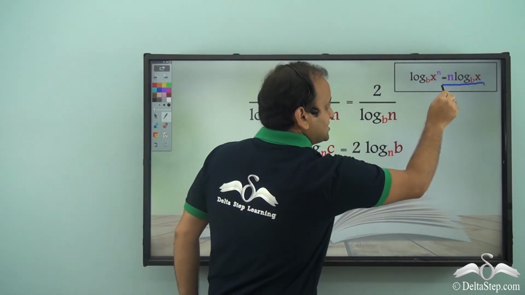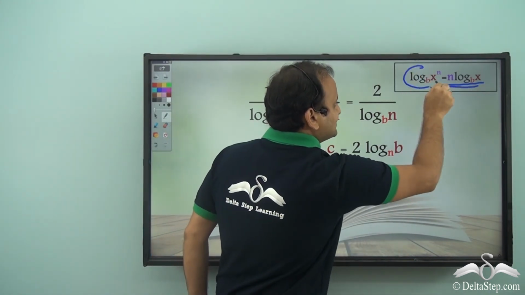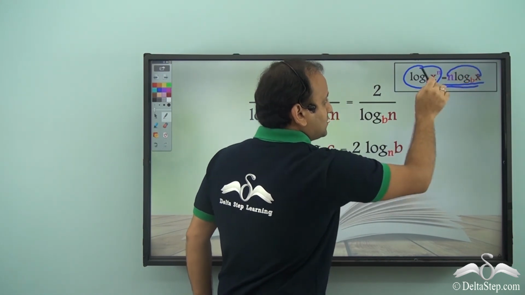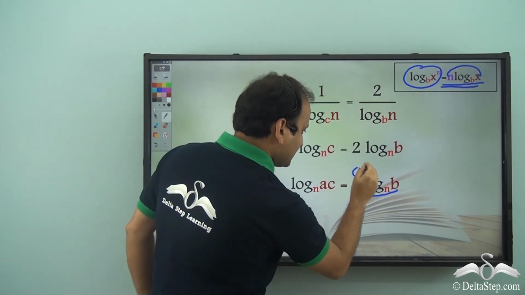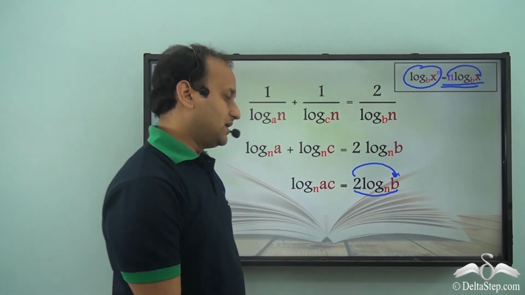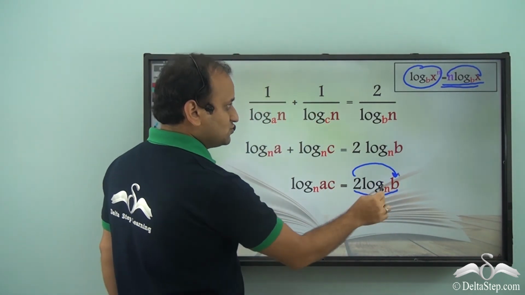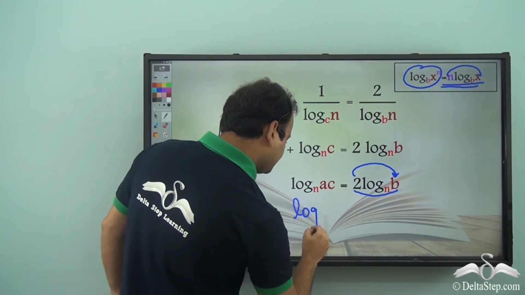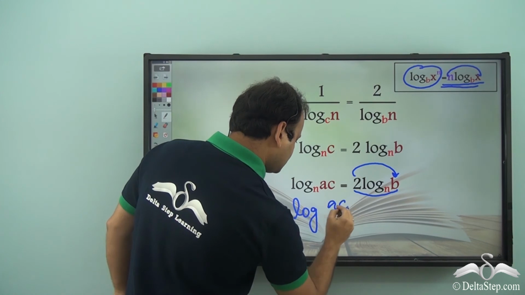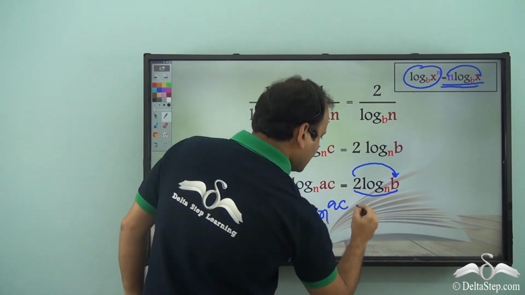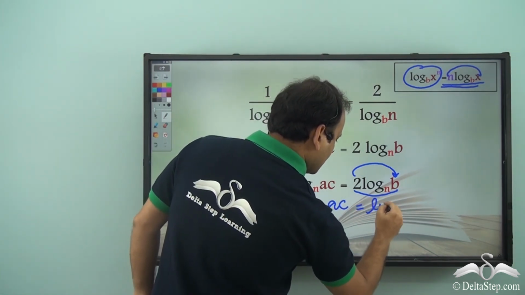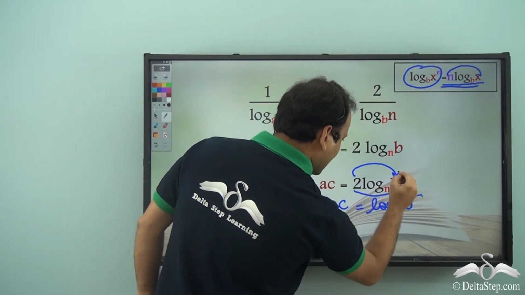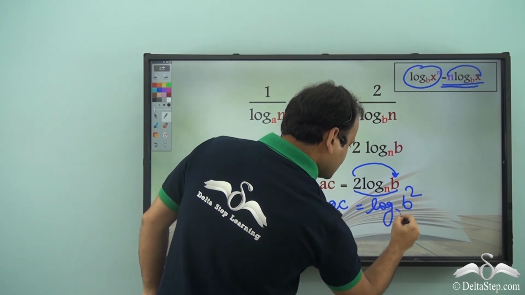So if this particular format can be written as this, that is, this can come as a power of this, similarly, 2 can come here as a power of b. So we can write this expression using the power law of logarithm. We can write it as log ac to the base n is equal to log b square, that is 2 came here, to the base n.